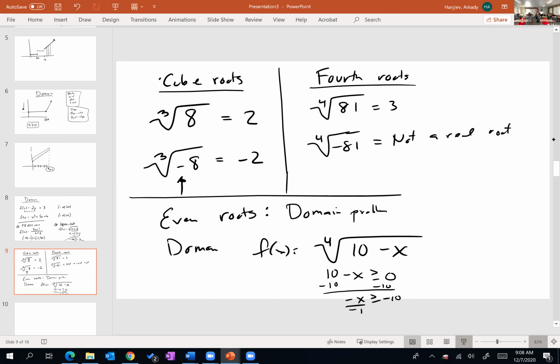Divide through by negative 1, so the inequality has to flip on us. The domain for that particular function is x less than or equal to 10, or it works from negative infinity up to 10, but no more.